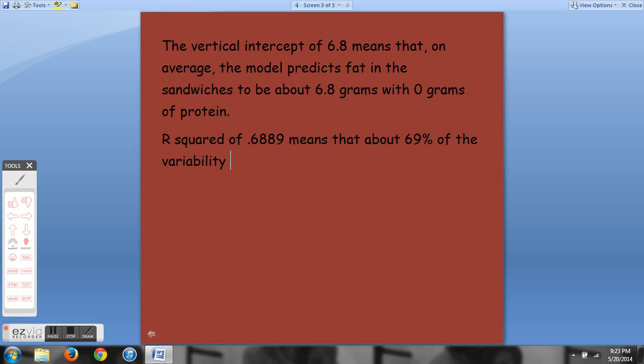So basically, R squared is the percentage of the variation in the response variable values, in this case our Y value, or our predicted fat. And again, R squared is a percentage of the variation of the response values that can be accounted for by the linear relationship between your X and your Y, or in this case, your fat and your protein.